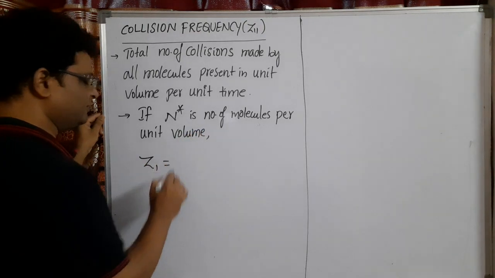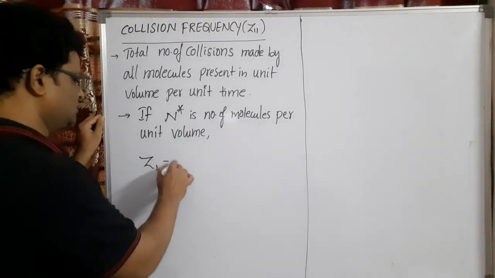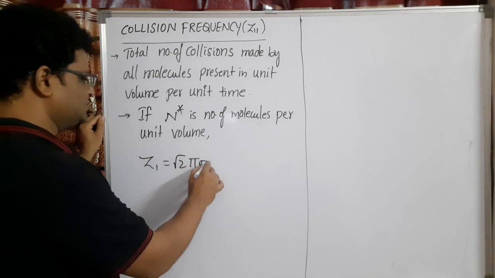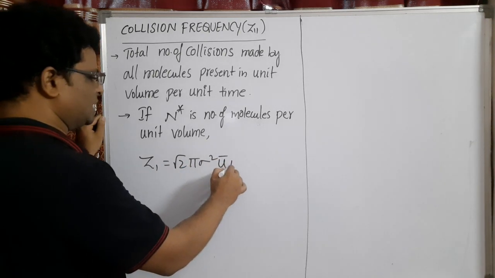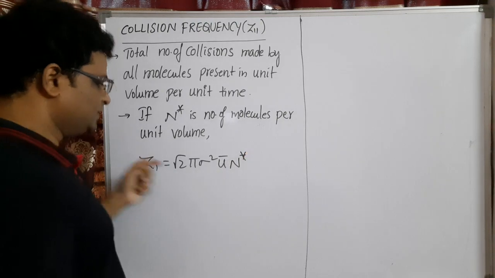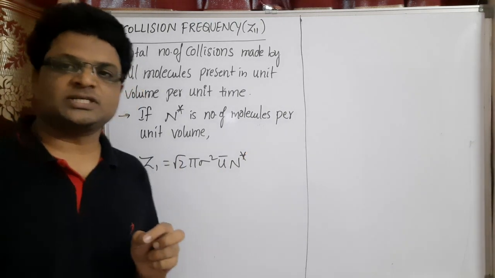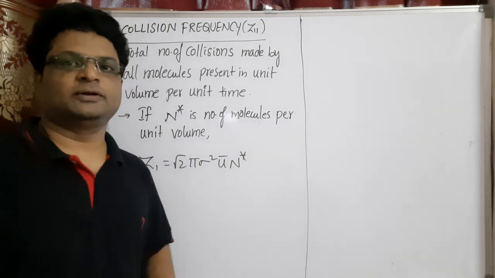We have an expression for collision number as root 2 pi sigma square u bar n star, which is equal to the number of collisions made by one molecule.